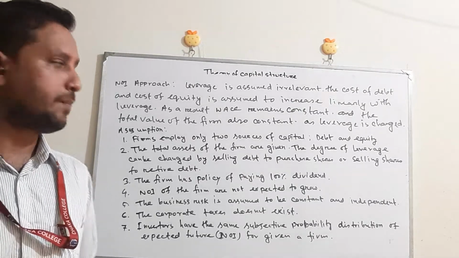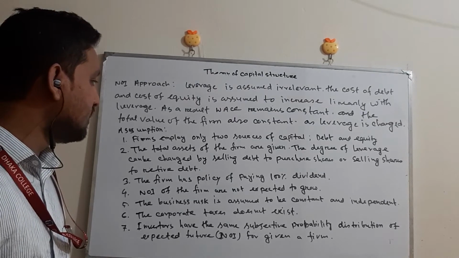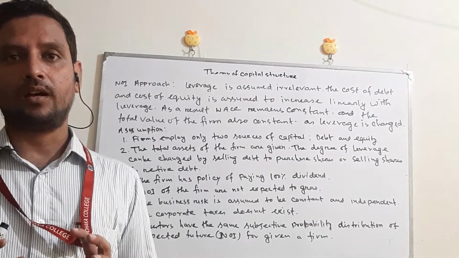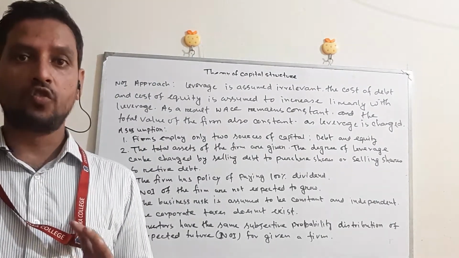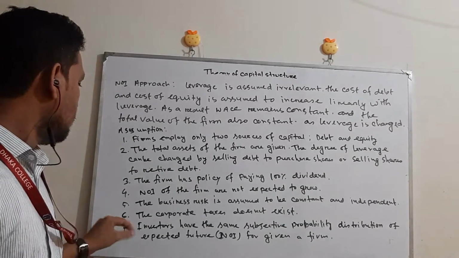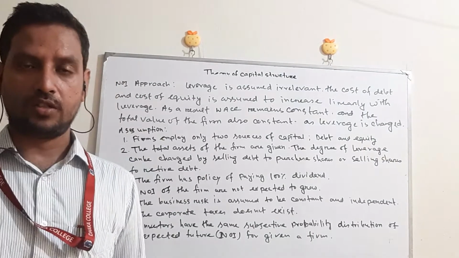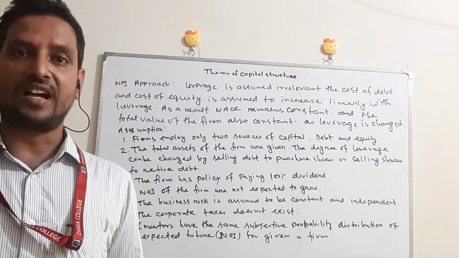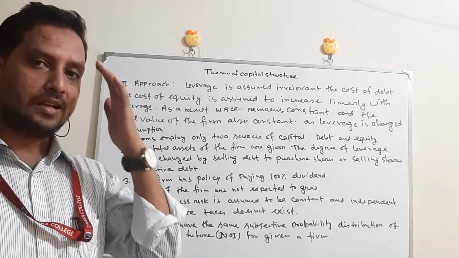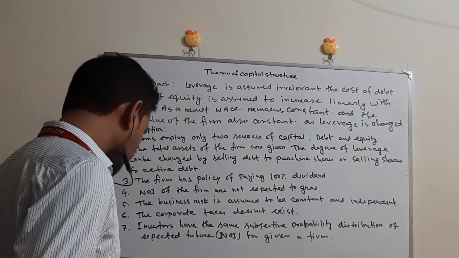Five: the business risk is assumed to be constant and independent. Six: corporate taxes do not exist.